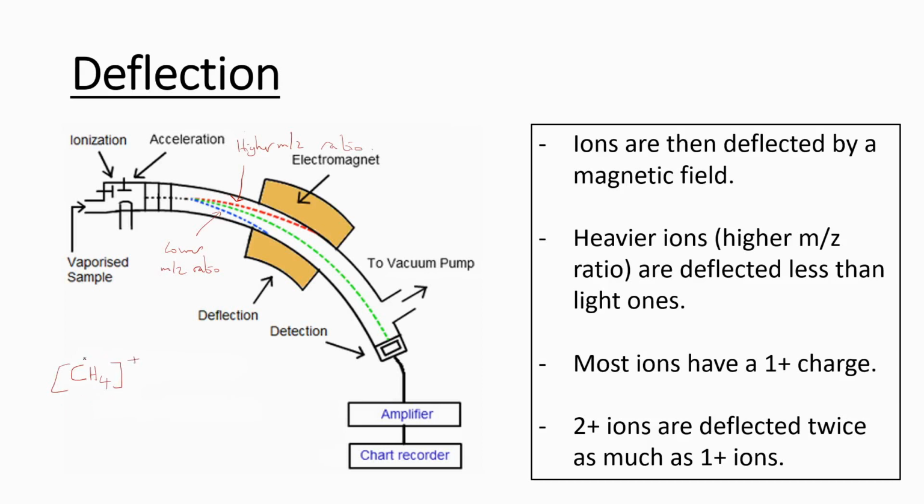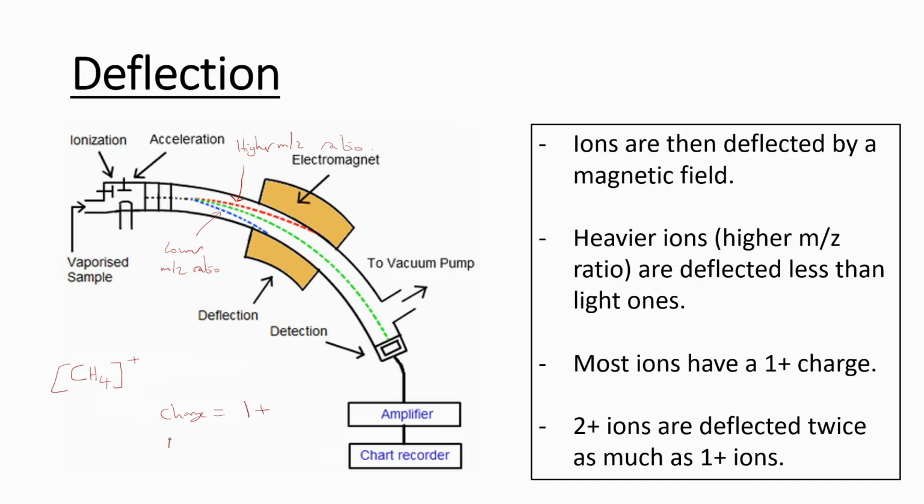Now, this is an ion of methane entering this tube where deflection occurs. So here, methane has a charge equals 1, or plus 1.